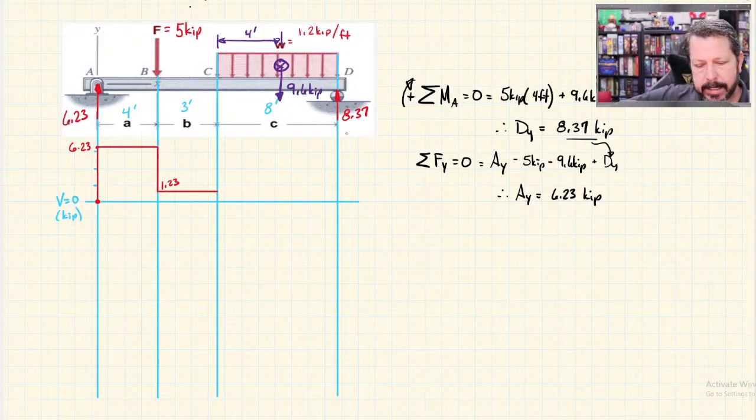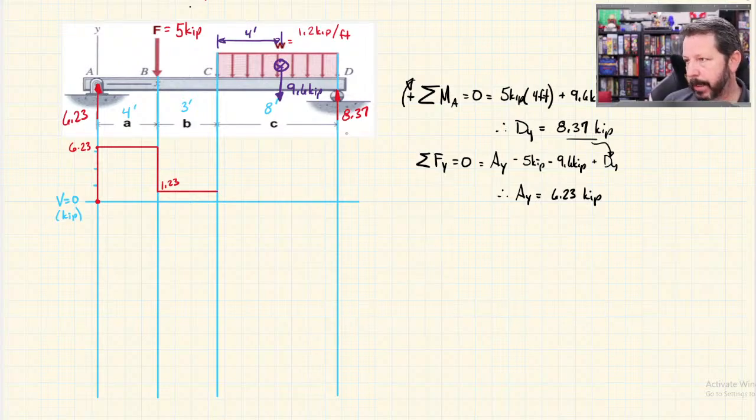Then I get to a distributed load. Ignore the purple lumped load, just the distributed load. This one, I'm at 1.23. Because the distributed load is pointing down, I'm going to lose 1.2 kips per foot over a span of 8 feet.